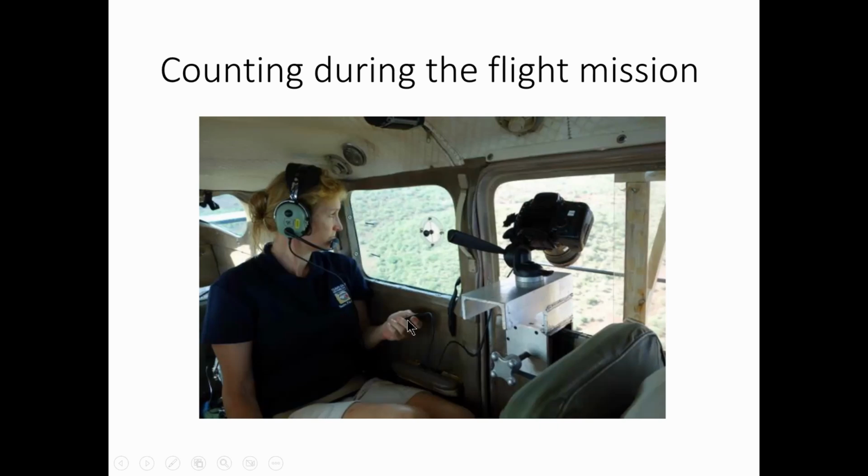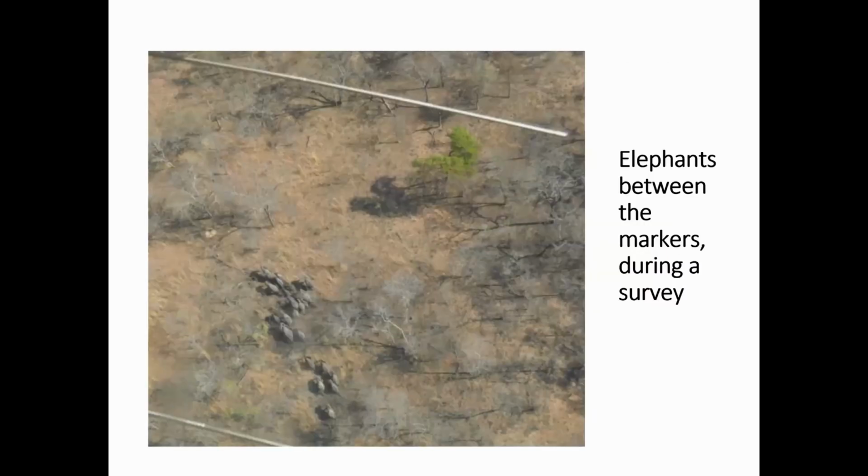She's got a camera trigger in her finger so that when she's counting, talking into the microphone with the estimate, she can actually trigger the camera as well. And as she's looking forward here, between the markers is a group of elephants.